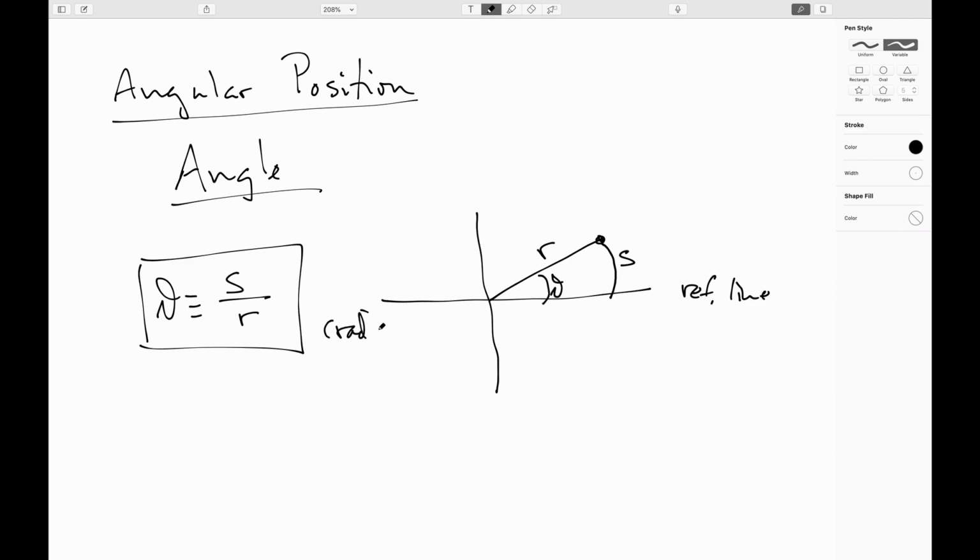in radians. Now, an important practical note here about radians. Radians are not, strictly speaking, a physical unit. They are a symbol. And what do I mean by that? Well, if we take a look at the definition here, arc length is going to have units of meters.